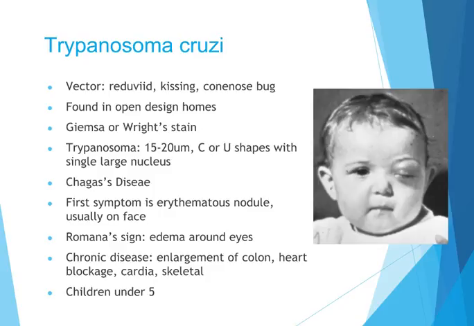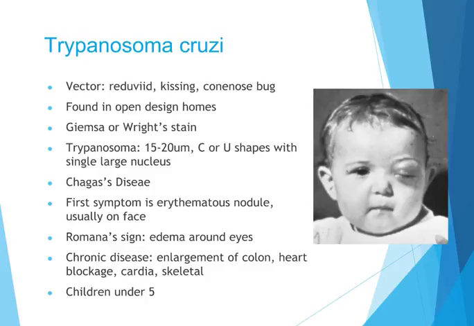The bug will defecate on the patient, and it's scratched into their skin. The organism is scratched into the patient's skin. It's usually seen in children more often. A Giemsa or a Wright stain can be used to find this organism.